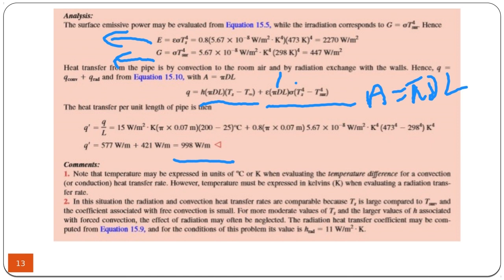So what can you do about this? It's an uninsulated pipe, so it means that you need to put insulation on it, right? So what happens when you put insulation on it? It's a resistance. So when you add a resistance in an electrical circuit, what do you change?